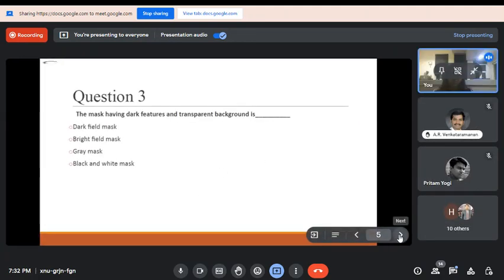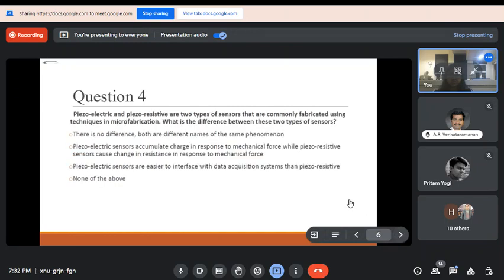So we are moving towards question number 4. Piezoelectric and piezoresistive are two types of sensors that are commonly fabricated using microfabrication techniques. What is the difference between these two types of sensors? The first option is there is no difference, both are different names of the same phenomenon.